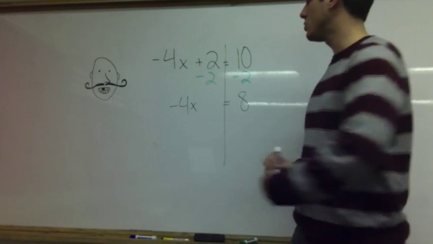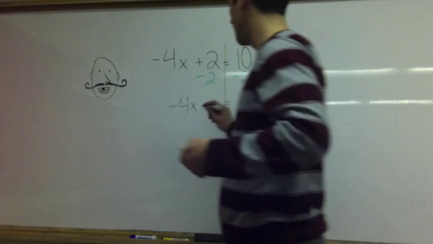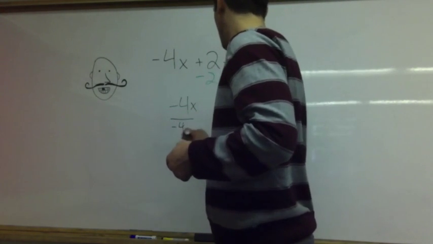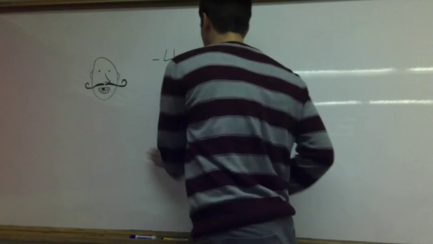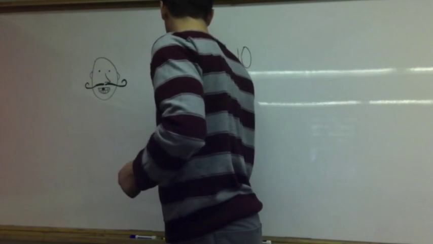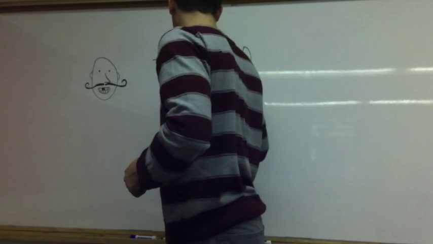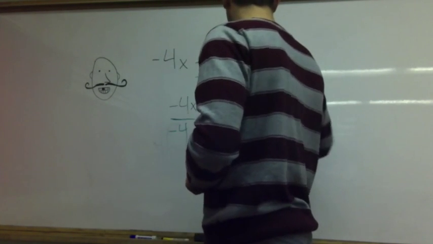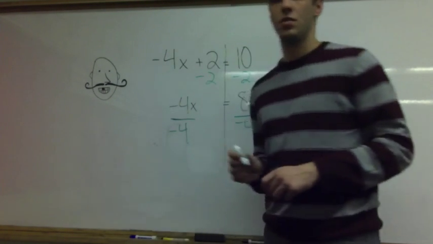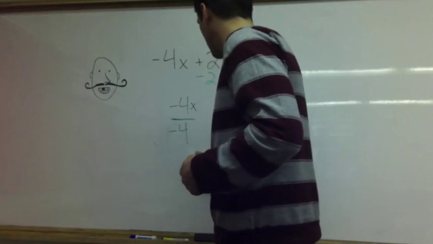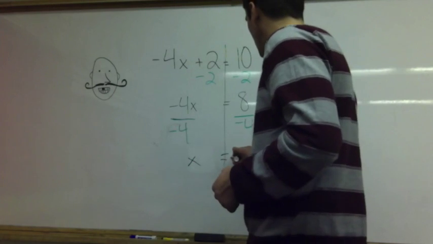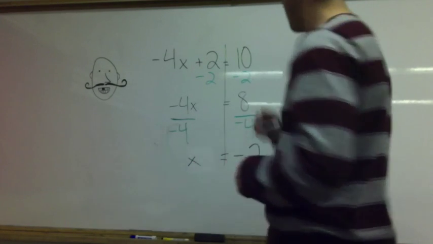The next thing we do is we divide away the negative 4 on both sides. So I was doing that in green. So dividing each side by negative 4 leaves us with x equals negative 2.